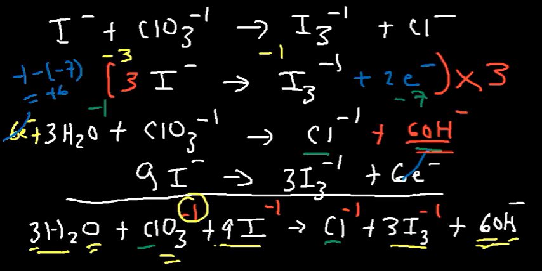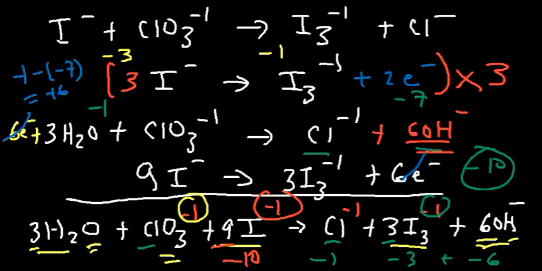Here we have 9 times negative 1. So negative 9 plus negative 1 is negative 10. Here's 3 times negative 1, so that's negative 3, plus this minus charge, plus negative 6. Negative 3 plus negative 6 plus negative 1 is negative 10. So the charges are balanced as well. Now, let's try another example.